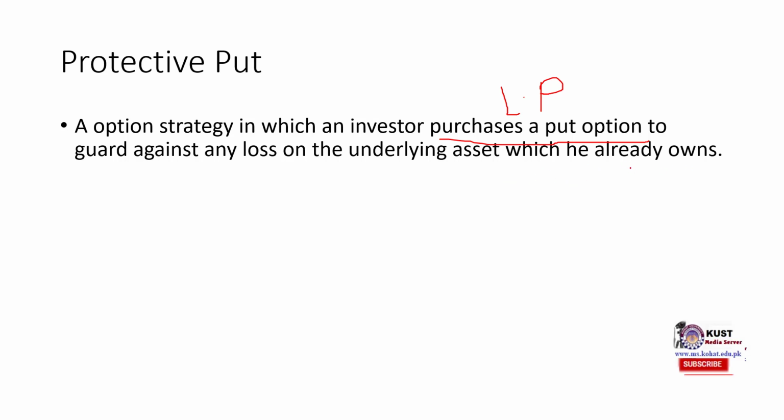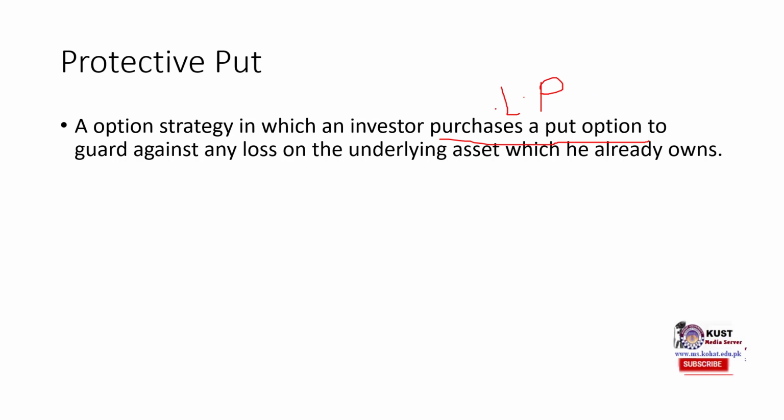So, as with the covered call, in covered call we had two positions. One, we owned the asset, and we took a short call position. In protective put, we again own the asset, similar to the covered call, and we also take a long put position.